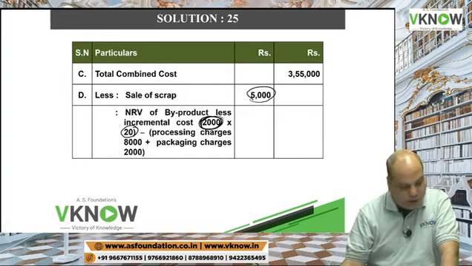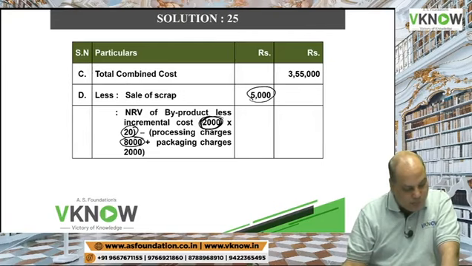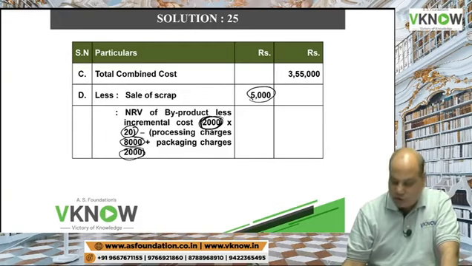Change the selling price of byproduct, make it 20, minus processing charges 8000, and minus packaging charges. In your note it is 6000, so I'll just make it 2000 here. I'm changing the question.